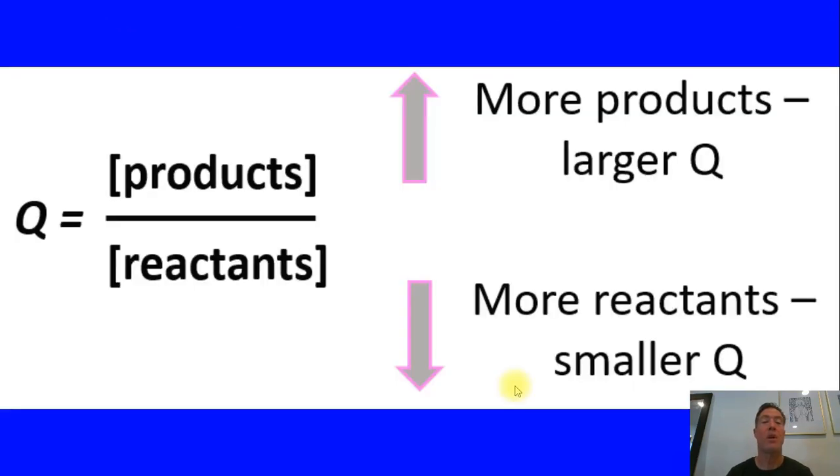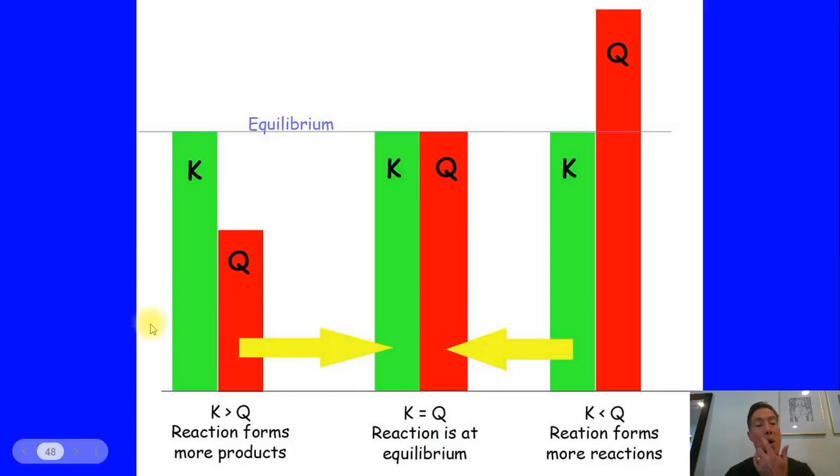So remember, Q is products over reactants. And the more products we have, the larger this quotient will be. And the more reactants we have, the smaller Q will be. And here's the thing to know: if Q is very, very small, it means that we have a lot more reactants than products.